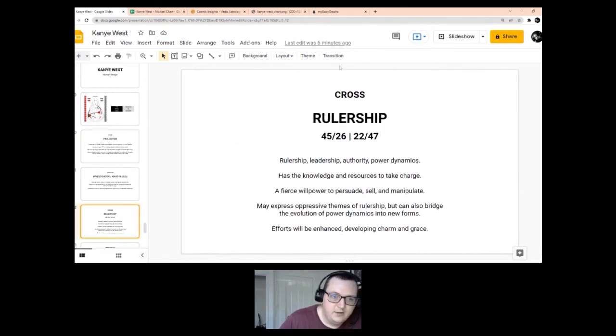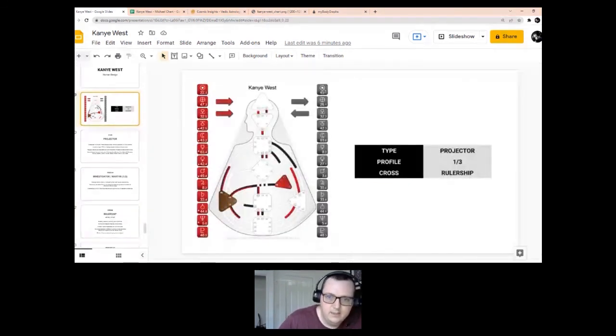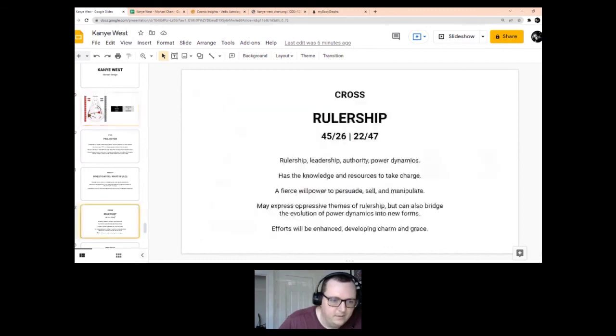So this is interesting. His cross, so his Sun and Earth gene keys in the personality side and Sun, Earth, in the design side make up his cross. So he's got 45, 26, 22, and 47.